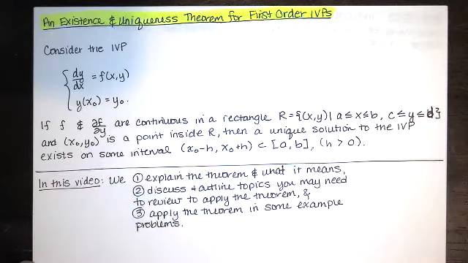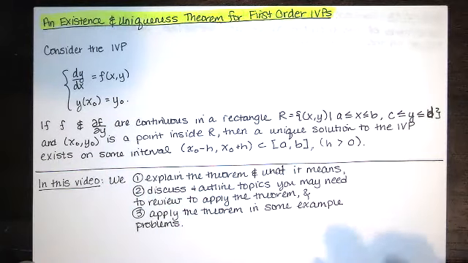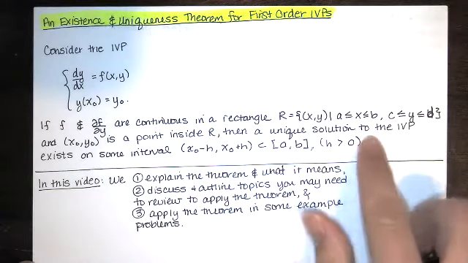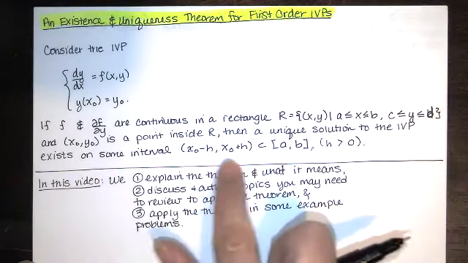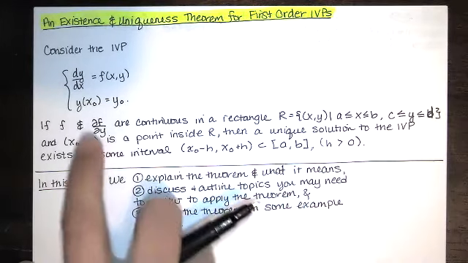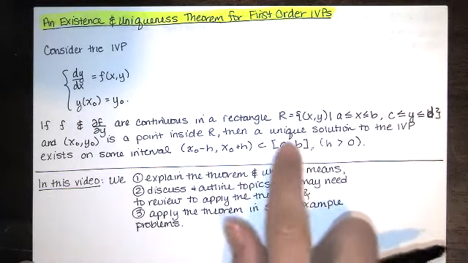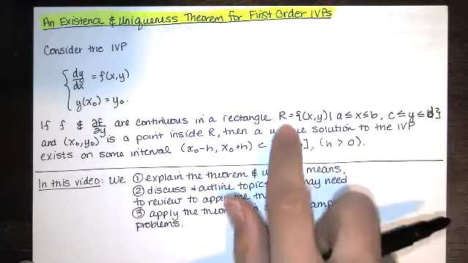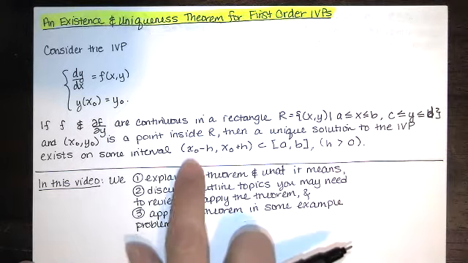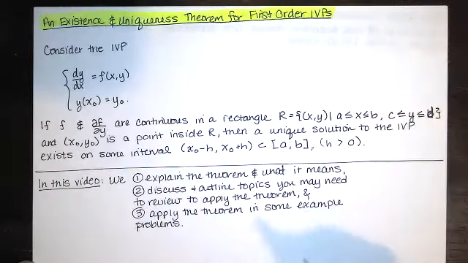And x naught, y naught is a point inside R, so not on the boundary, but on the interior. Then we're guaranteed that a unique solution to the IVP exists on some interval, and we're not sure how large that interval is, but it's an interval that contains x naught, and that interval lies inside that larger interval that gives us the boundaries of that rectangle R. And of course, I'm adding and subtracting this h here, and we're assuming h is a positive number.